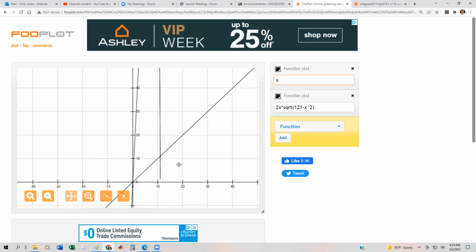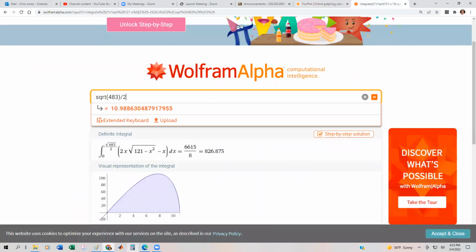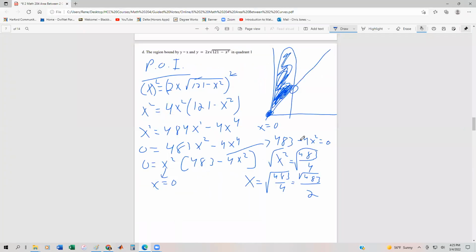Now if it wasn't that, it probably wouldn't be good for us, and we'd have to try to start the entire problem over. Okay, the top function is going to be y equals 2x root 121 minus x squared. The bottom function is y equals x. And this is the point x equals square root 483 over 2.